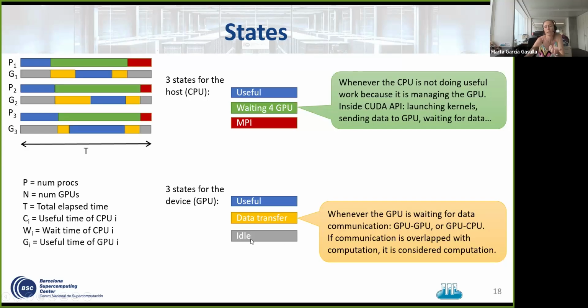And all the other time that the device doesn't have anything useful to compute, we consider idle. As I said, we consider the GPU as a single resource. In case one stream is computing and another stream is moving data, we assume that GPU is doing useful work, so it will be counted as useful.